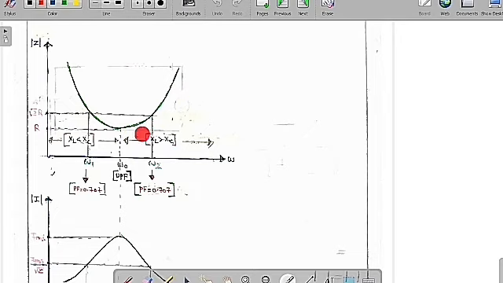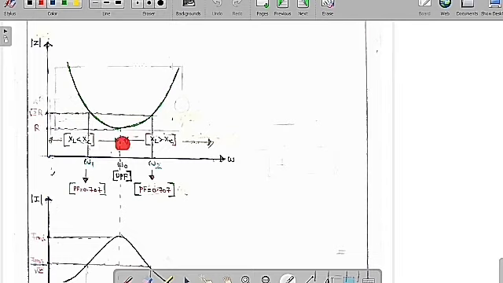So up to omega naught the graph decays, and after omega naught the impedance again increases. At omega naught the impedance is at a minimum value, equal to R. This we call the minimum impedance.